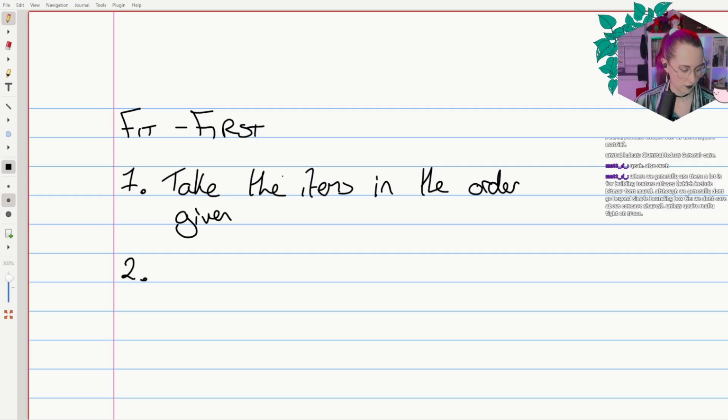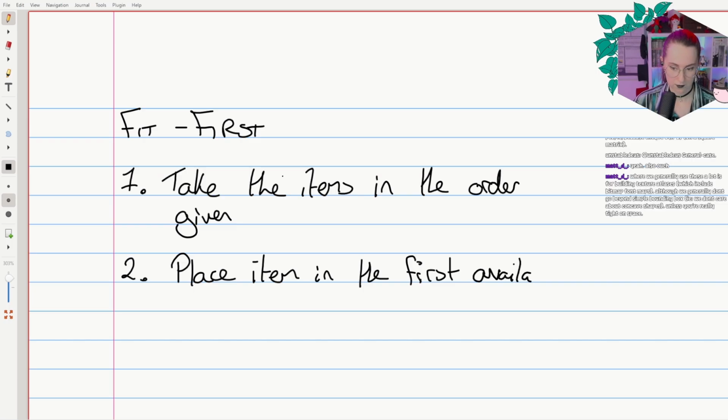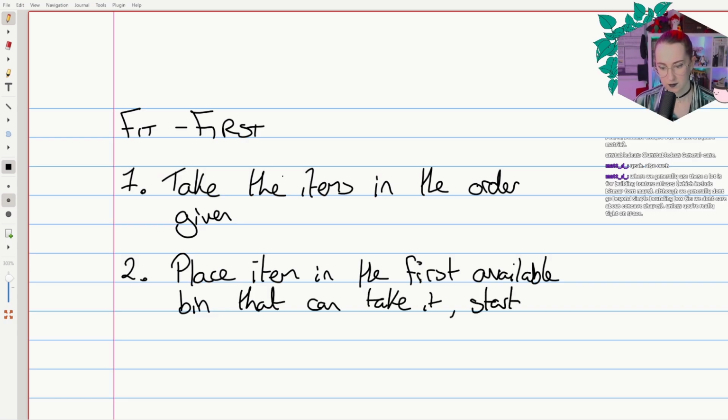Step 2: place items in the first available bin that can take it, starting from bin 1 each time.